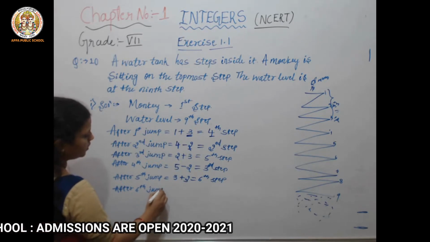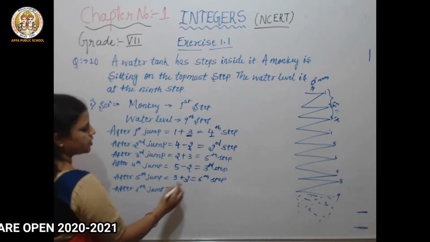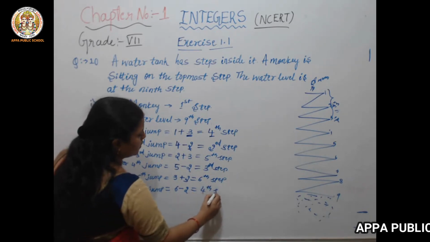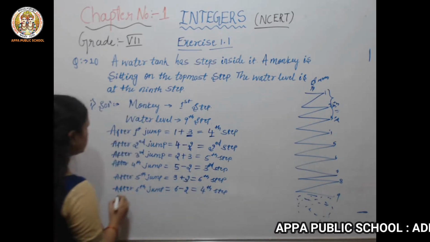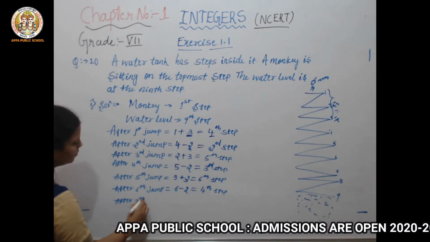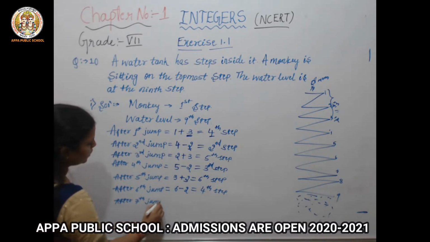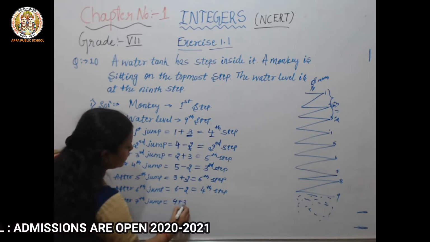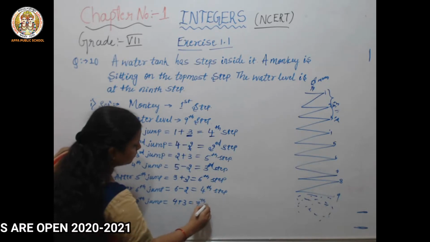After the sixth jump, it has 6. 6 minus 2, it has the fourth step. The next, after the seventh jump. After the seventh jump, see, 4 plus 3 is the seventh step.